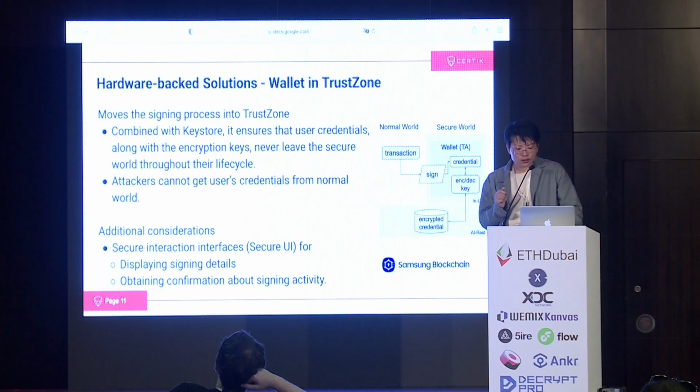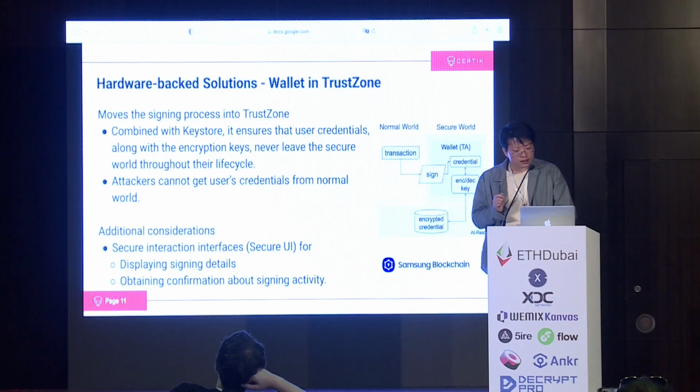It is similar to a client-server architecture, where the normal world initiates a signing request with only transaction information, and everything else is completed in the Trust Zone. After signing in the Trust Zone, only the signature is returned back to the normal world, making it much more secure than previous solutions. User credentials are now well protected against previous attackers.